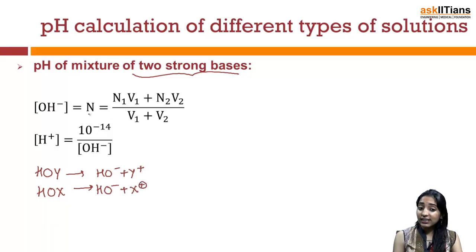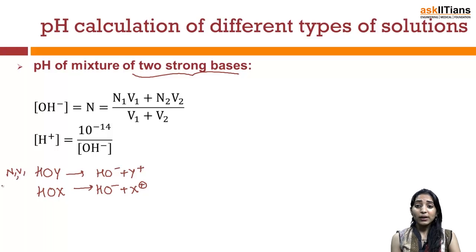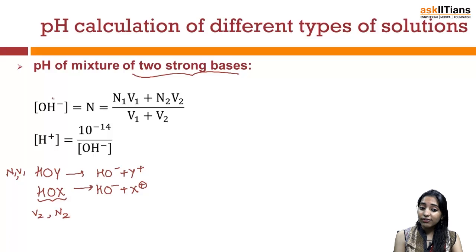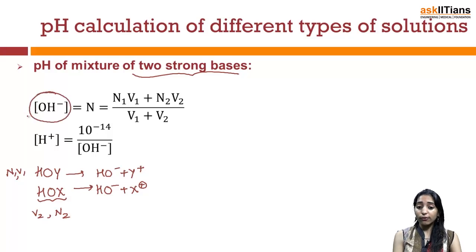So we can very easily find out, if N1 normal HOY solution of volume V1 is mixed with another HOX solution of volume V2 and normality N2, what will be the total concentration of OH minus.